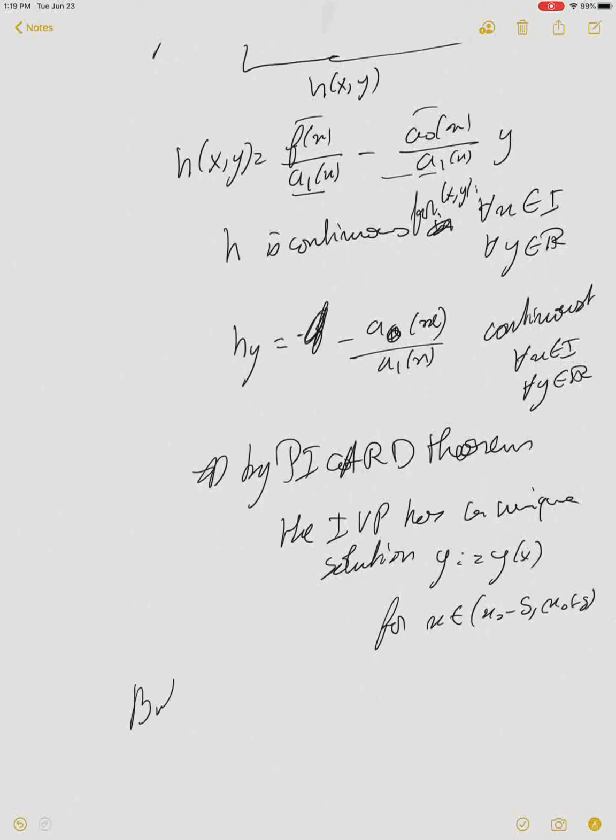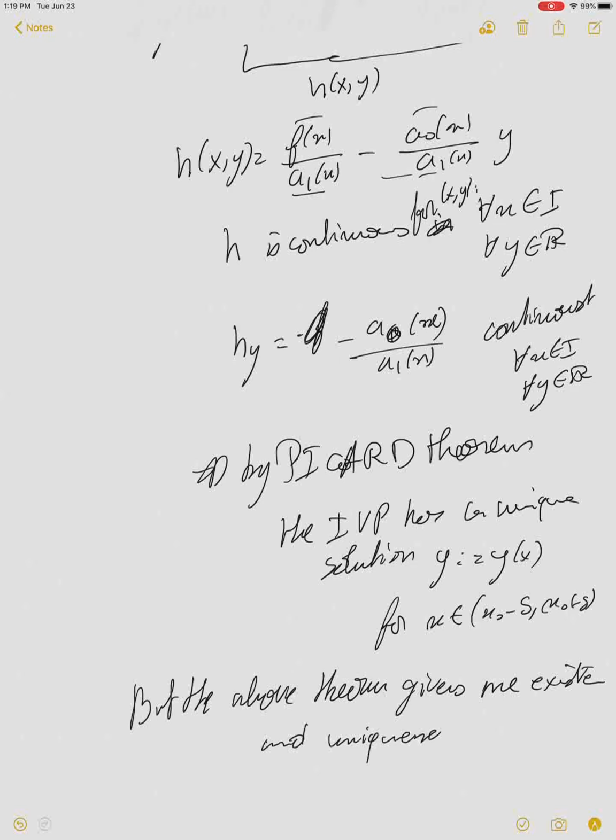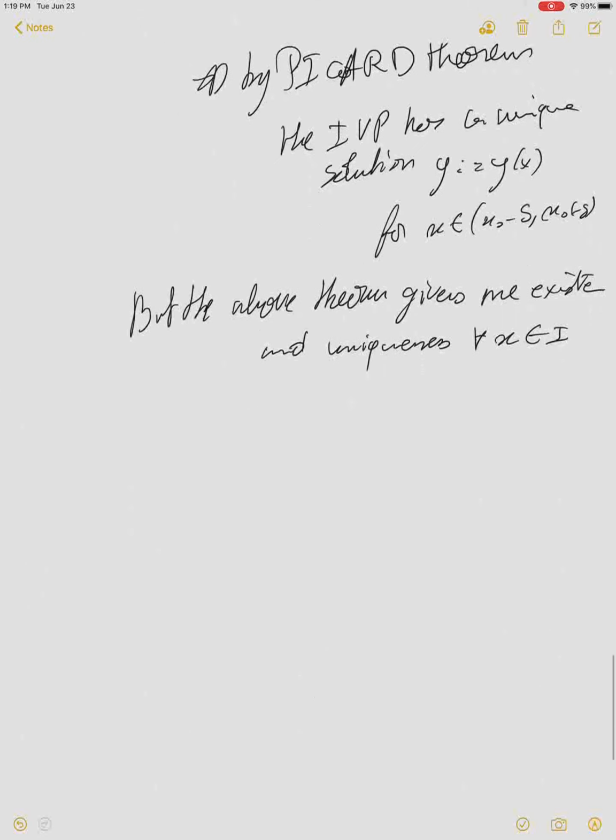But the above theorem gives me existence and uniqueness for all x in I. Okay, it gives me a better result in terms of domain of definition. Let's give an example.